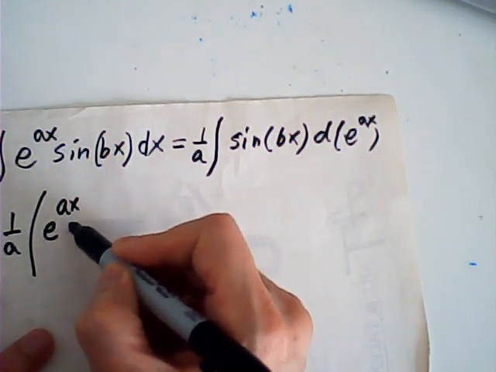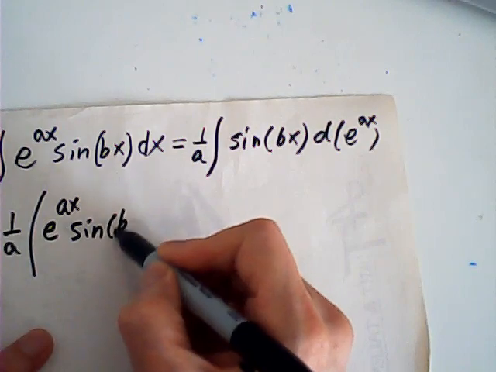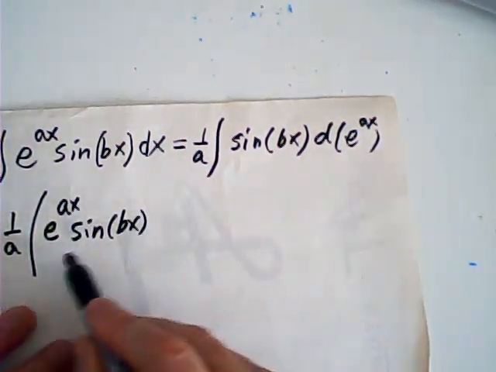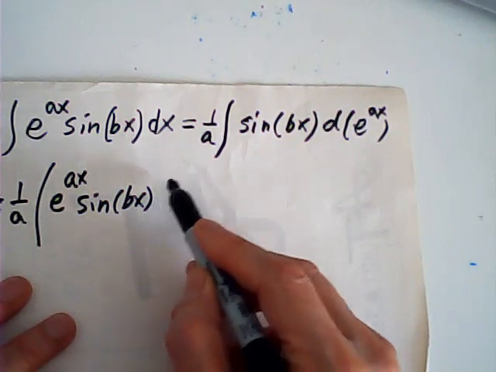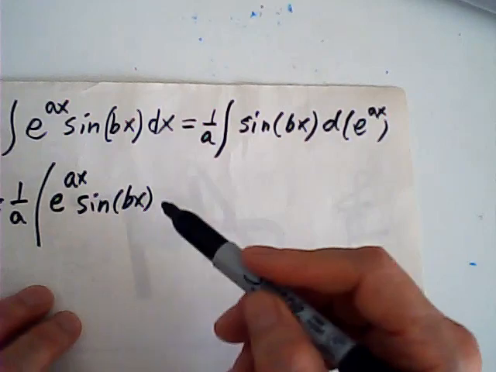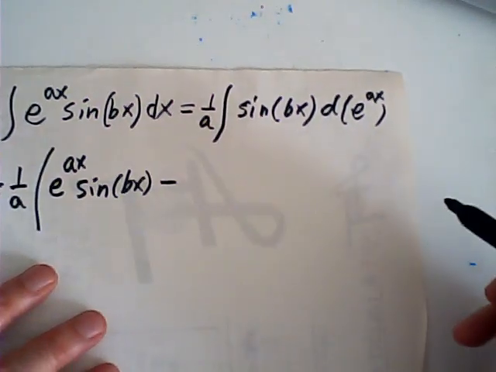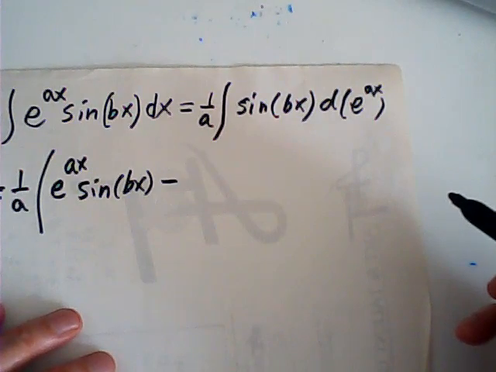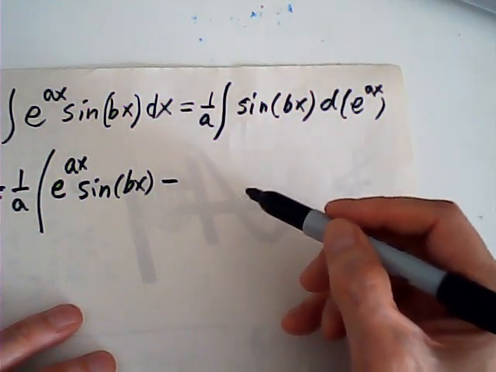Okay. Sine b of x. This writing is better, no? If you write e to something here it's ambiguous, it's a sine bx e together. So this is a minus v du, right? V du.